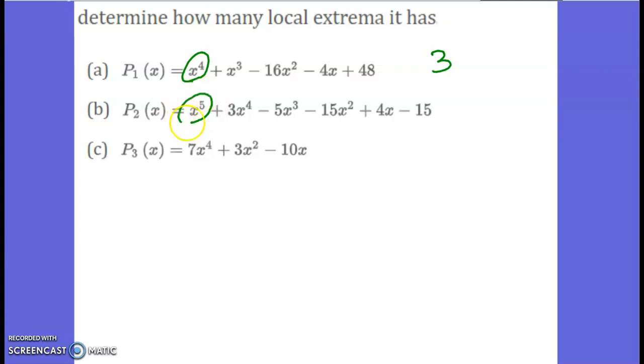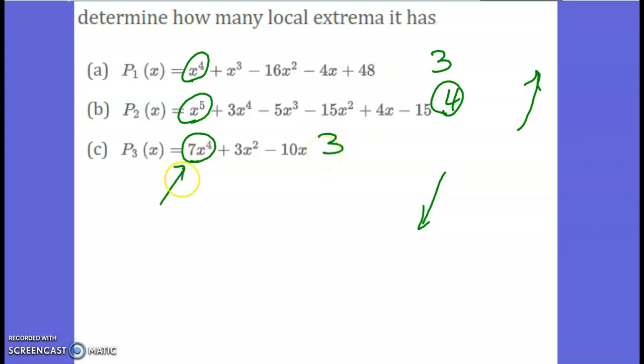So this is x to the 5th, so I know that there are going to be 4 local extrema. Again, you should know what the end behaviors are. x to the 5th is positive, so it's going to look like that. And there are 4 local extrema in between those 2 end behaviors. So that's why we're looking at this. This one is to the 4th power, so there are going to be 3 local extrema in it.